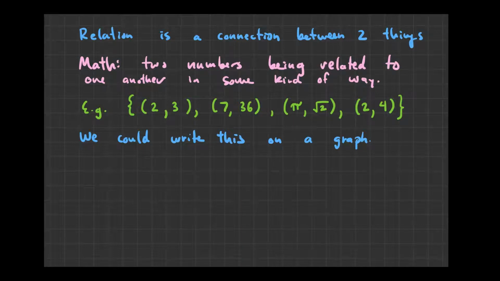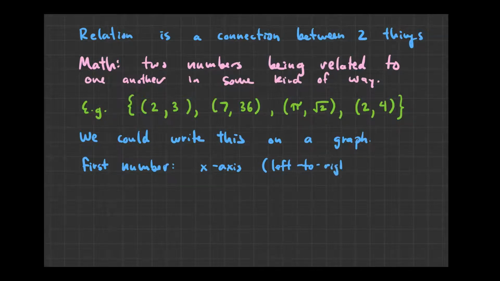So typically, the first number goes on our x-axis. And our x-axis, which way does that go? Left or right? Left and right, or up and down? Yeah, it goes left and right. So our x-axis goes left to right.